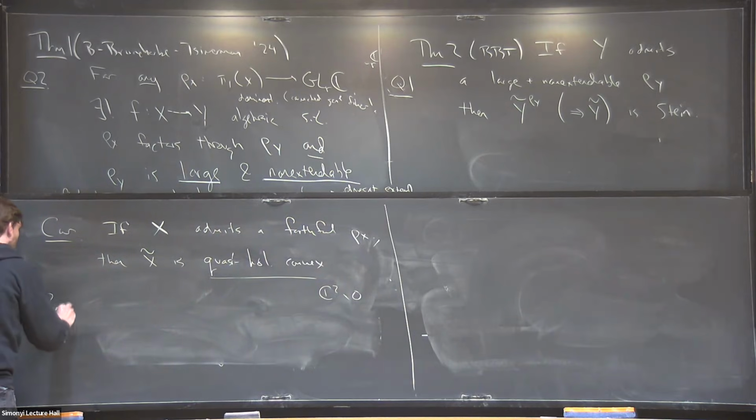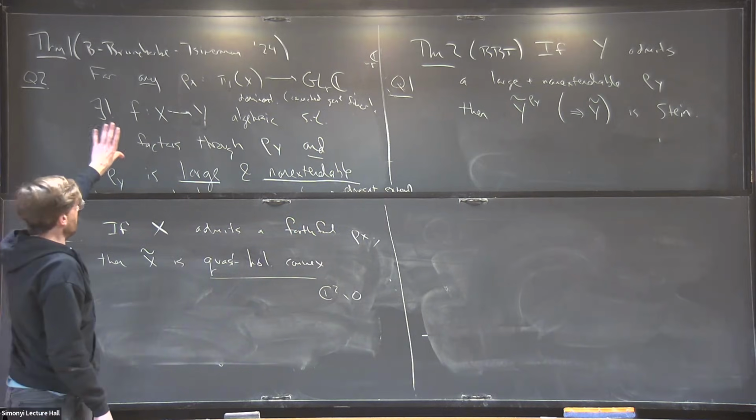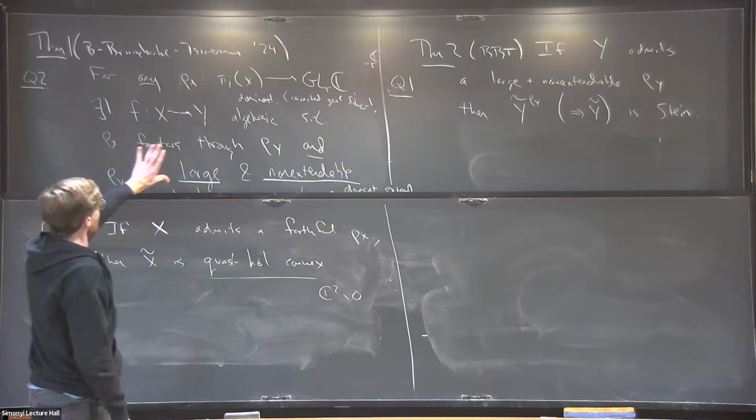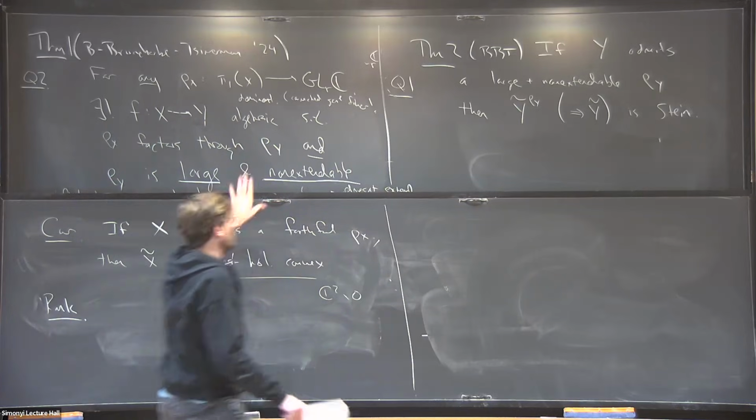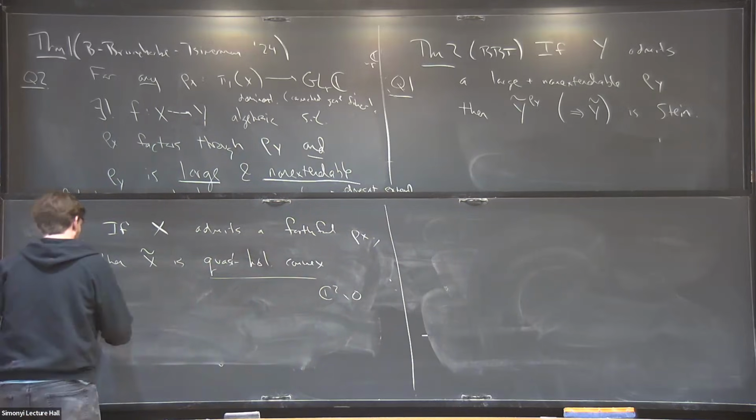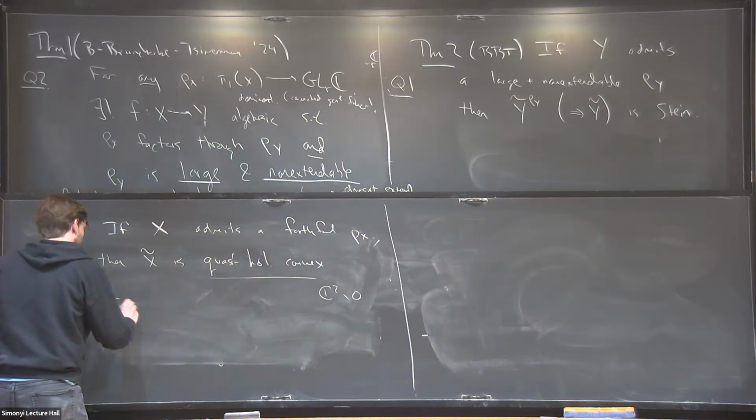Okay, so let me remark that this idea of using non-abelian Hodge theory to address this question in the compact case goes back to earlier work, so for X compact.